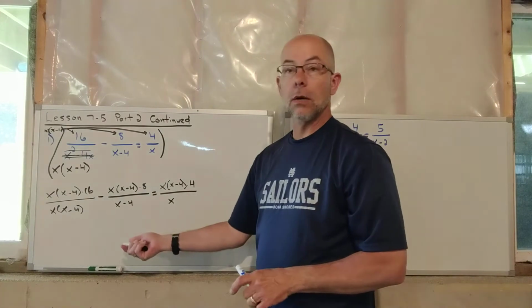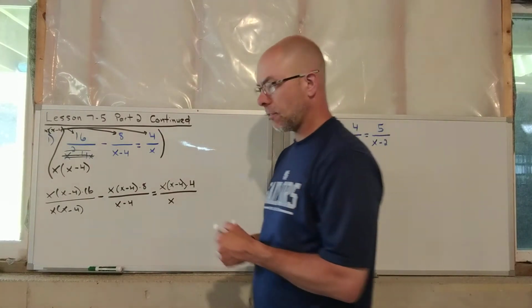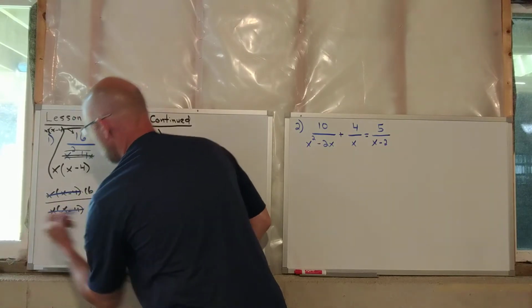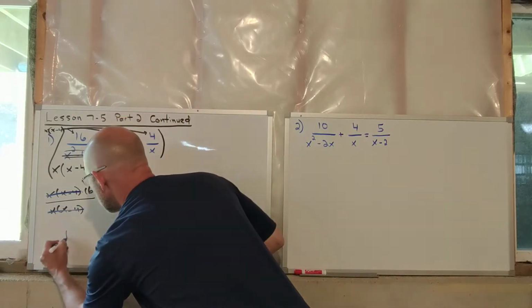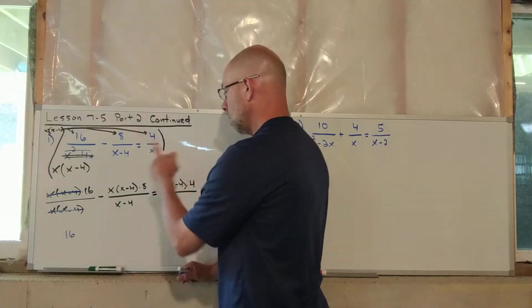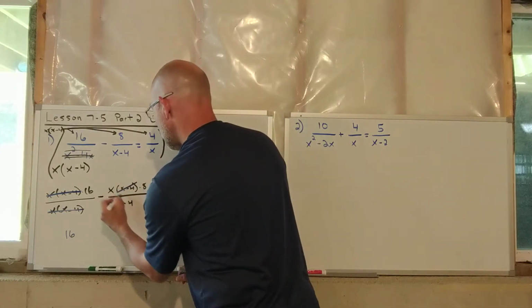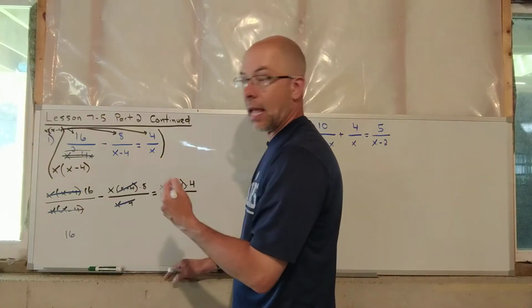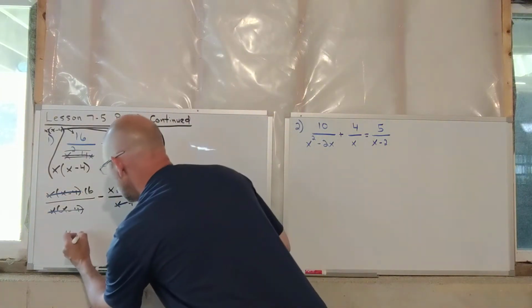Now it's time to reduce. In the first fraction, x times x minus 4 all reduces out, leaving us only a 16. Here, x minus 4 reduces out. That's x times 8, or 8x, and that is a minus right there.